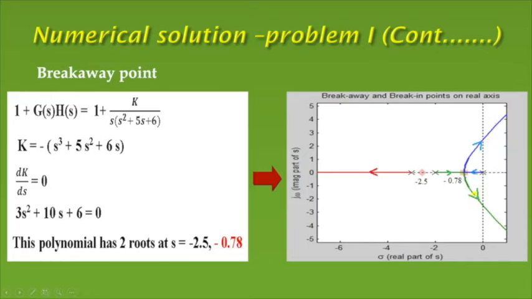There are no complex poles and zeros, so there is no calculation of angle of departure and angle of arrival.